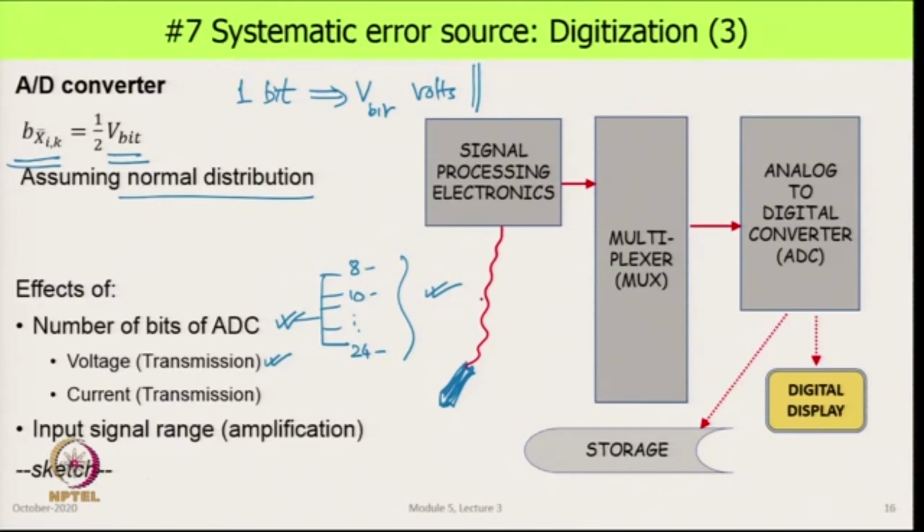So, what happens? We have two options. The instrument can either output a voltage signal over a certain range, and this could be the analog signal, or we could even output a current signal. Both are possible. Now, what happens with the voltage signal?